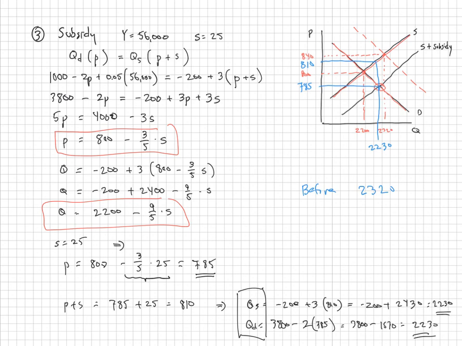This is before the pandemic, and then the income was actually equal to 60,000. So yes, they did consume 2,320. After the pandemic, plus the subsidy, they consumed 2,230. That is, they consumed 90 fewer meals after the pandemic, even with the subsidy.